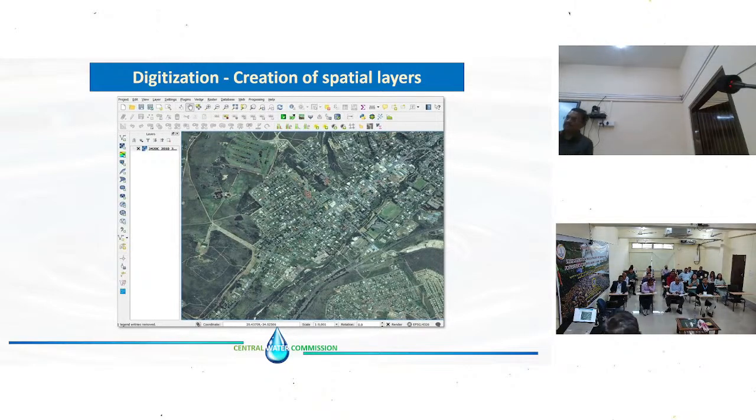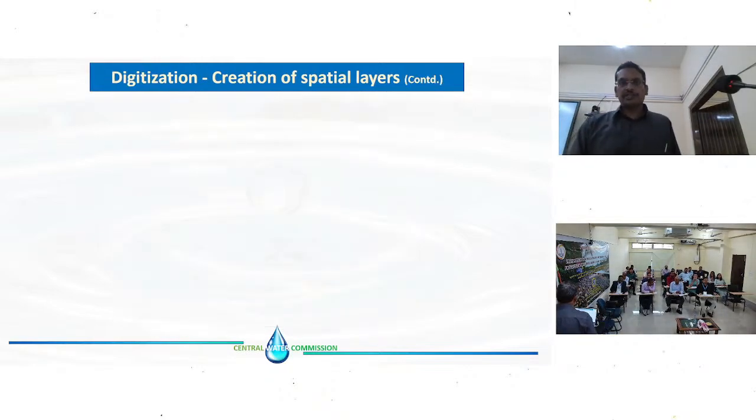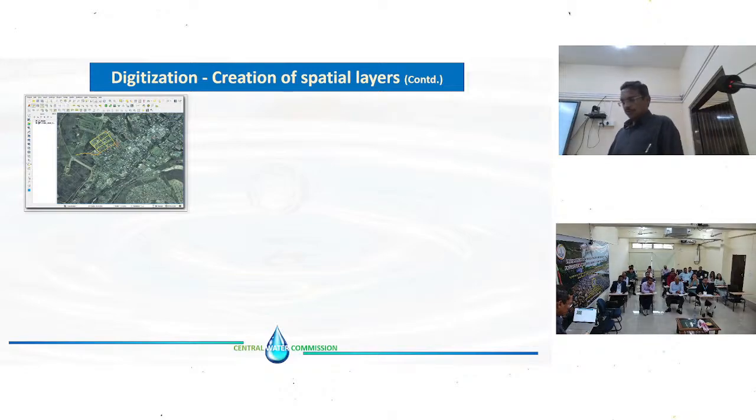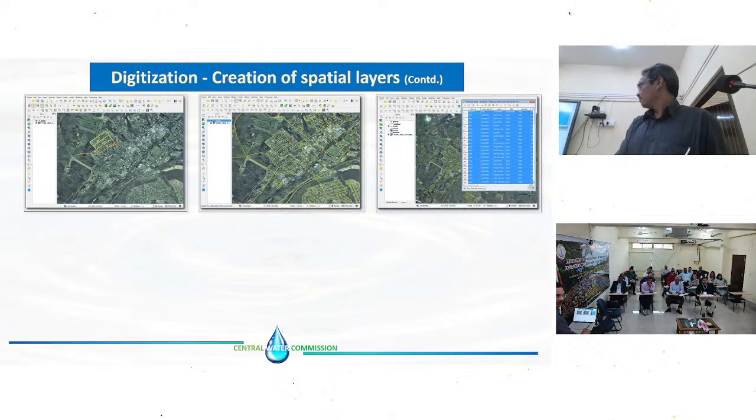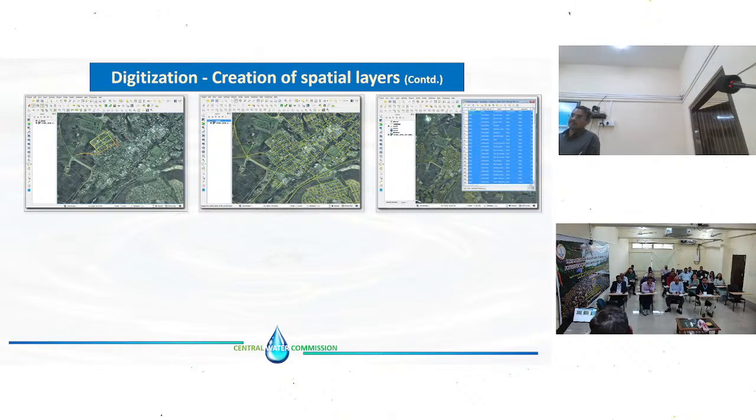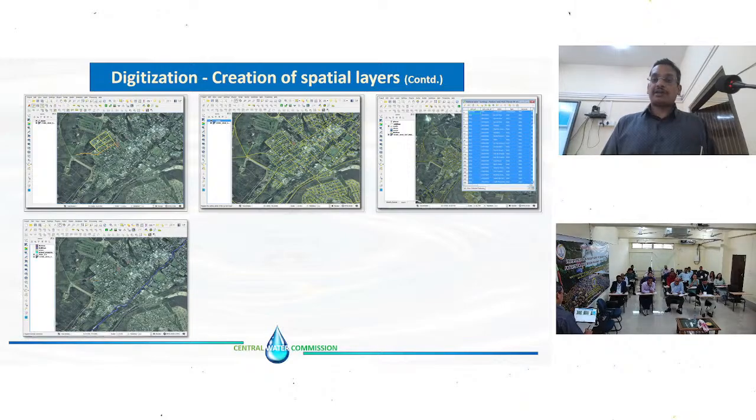You use your digitization tool. If you use your digitization tool and start digitizing, you can create these layers, road network. I don't know whether it is visible or not, but simultaneously, for every road you can save the non-spatial data, attribute data, by giving the name of the road, length of the road, type of the surface, anything that is associated with that road.